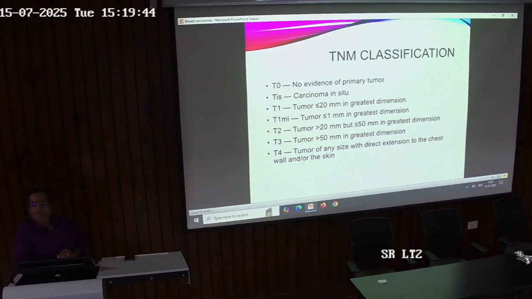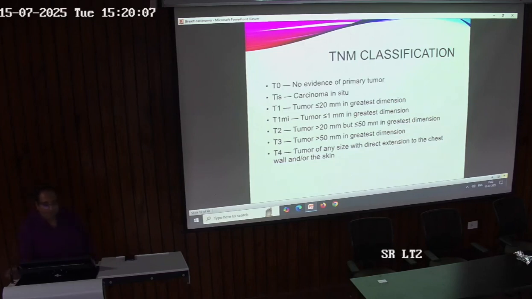If there is no primary tumor, then why is there N1 or M1? Find it on the net and tell me in the next class. I will ask this question: what is the role of T0 if there is nothing in this particular line?